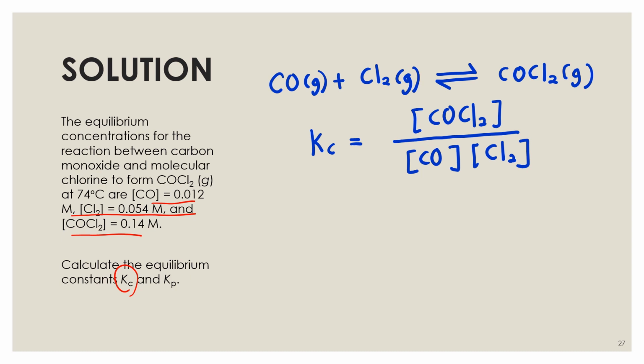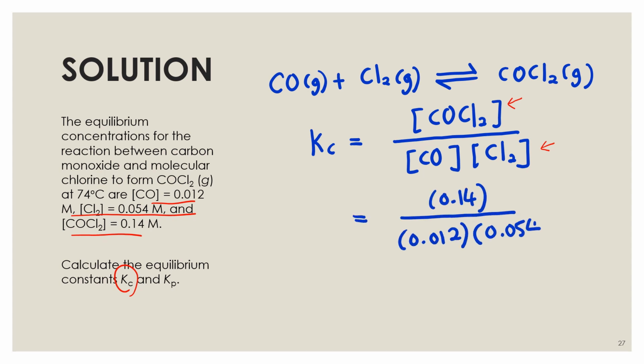So Kc equals the concentration of the product over the concentration of the reactants. And then kita akan substitute the equilibrium concentrations for all substances. And we will get Kc value as 216.